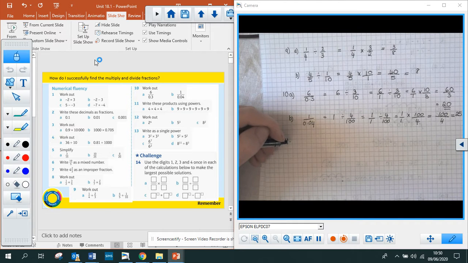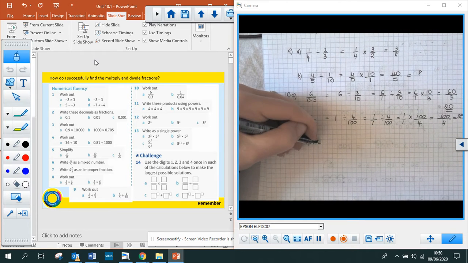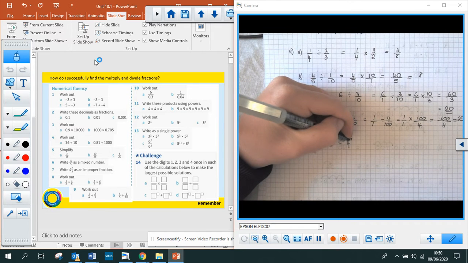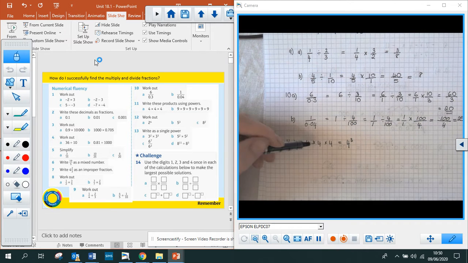Okay, question 11. Well done if you did remember how to do this, okay? So it wants us to write these products using powers. 4 multiplied by 4 multiplied by 4 is equal to 4 to the power of 3, okay? So I'm multiplying 4 by itself 3 times. So it's 4 to the power of 3, 4 cubed.